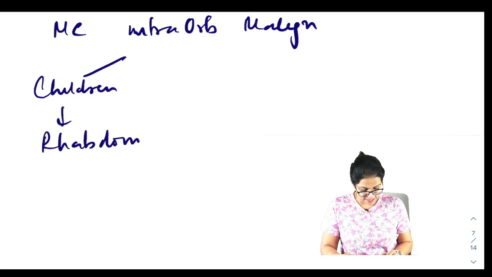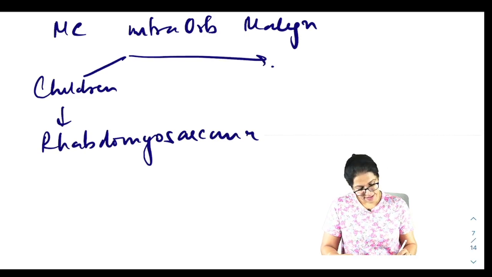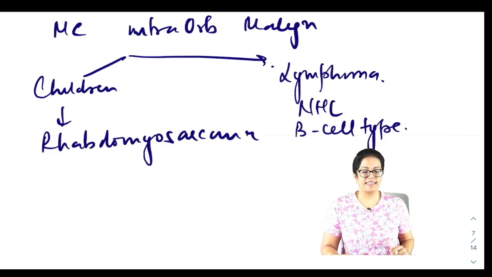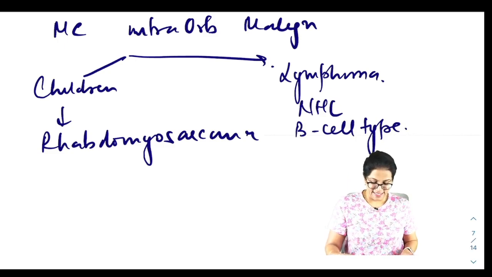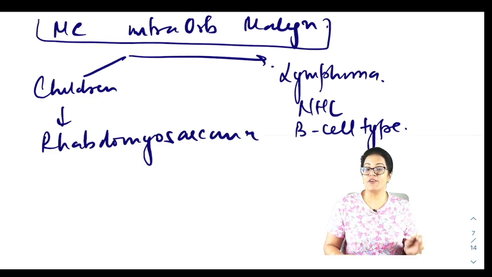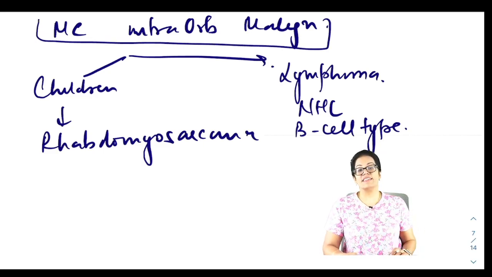And for adults, what are you going to learn? Lymphoma. Which cell type? It is non-Hodgkin B cell. This is your most common intraorbital malignancy. Intraocular, what is it? In children it is retinoblastoma and for adults it is choroidal melanoma.